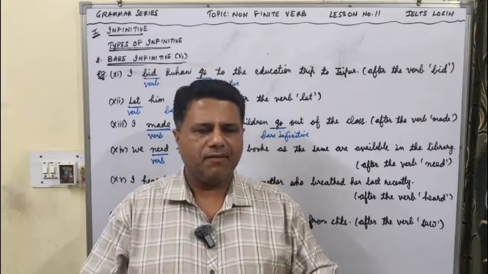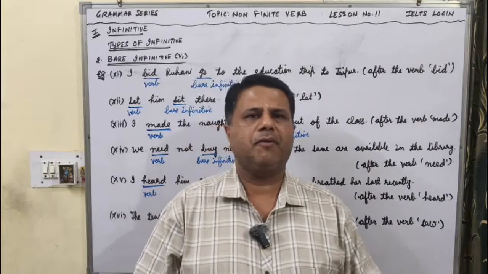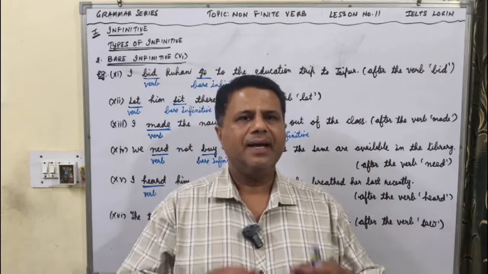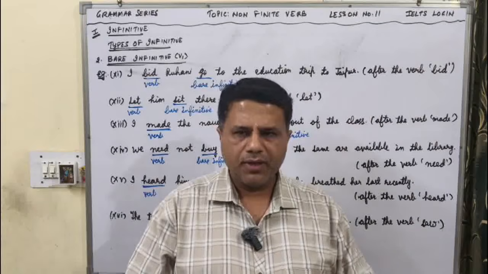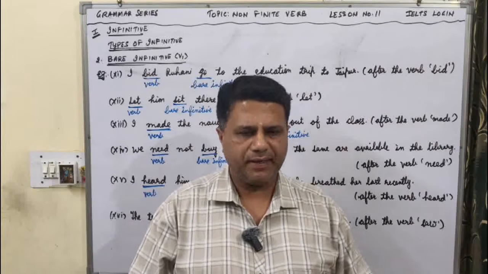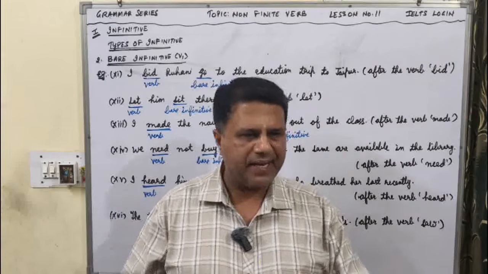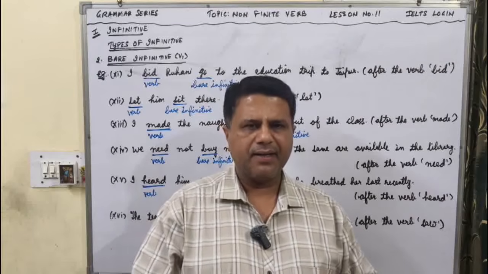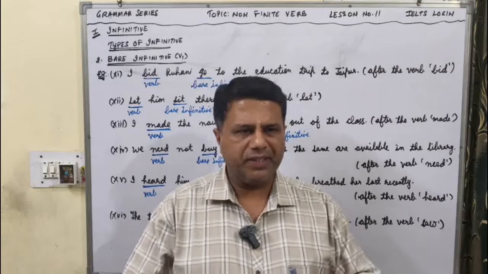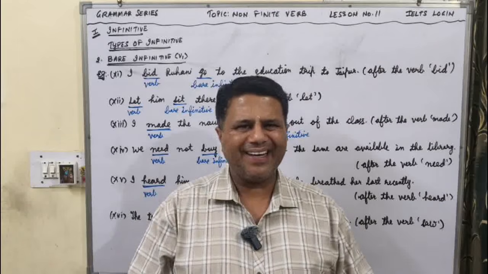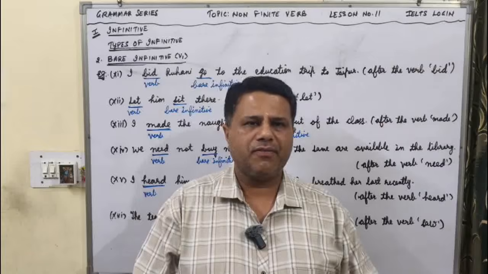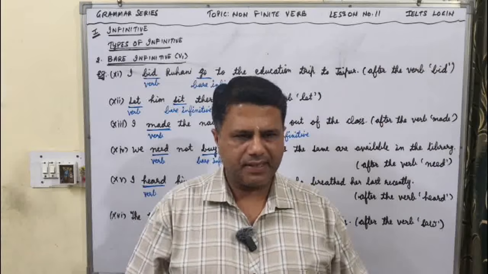So children, with this we finish the topic of bare infinitive, and with this we also finish the topic of infinitive. Infinitive is of two types, to infinitive and bare infinitive. We have done the uses of to infinitive with the examples. Then today we have done the uses of bare infinitive with the example.